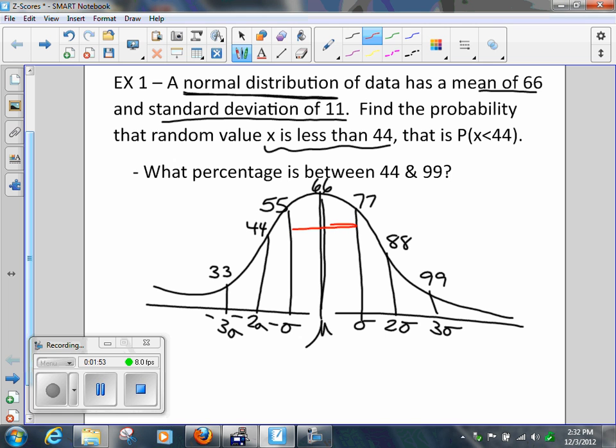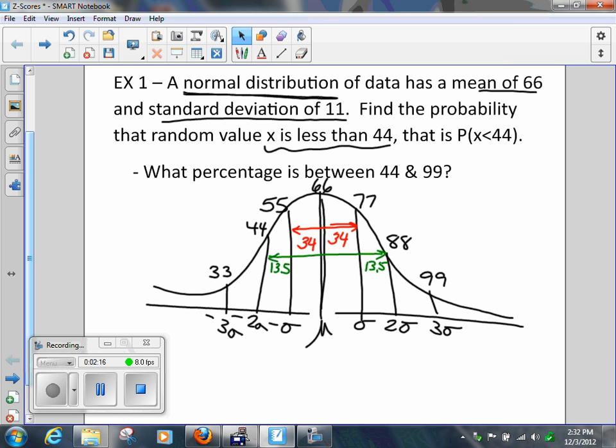we have this value here, which represents 68%. So I always put 34 and 34. And then you are given that this whole piece here represents 95%, which is going to be 13.5 and 13.5.